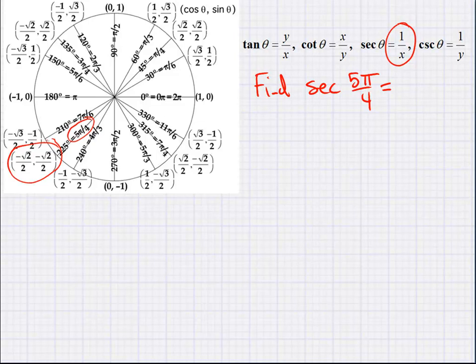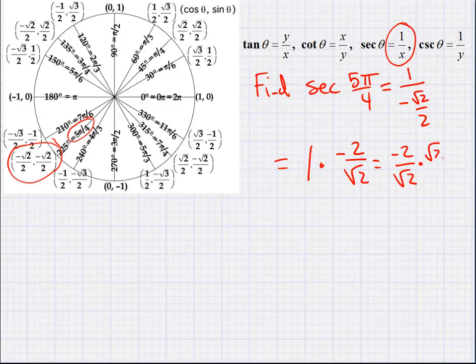So we're going to take this and say, well, this is 1 over negative square root of 2 over 2. Again, divide by a fraction, I get 1 times negative 2 over the square root of 2. So negative 2 over the square root of 2. I should then rationalize that, and I get negative 2 square root of 2 over 2. These 2's cancel, and I get negative square root of 2.